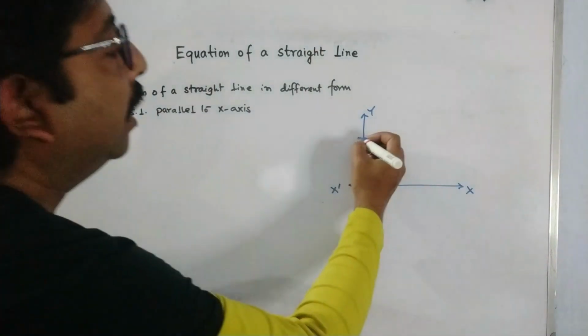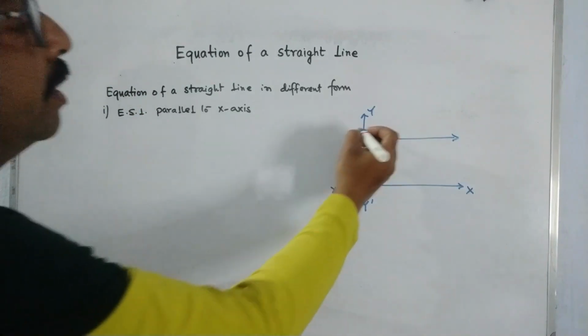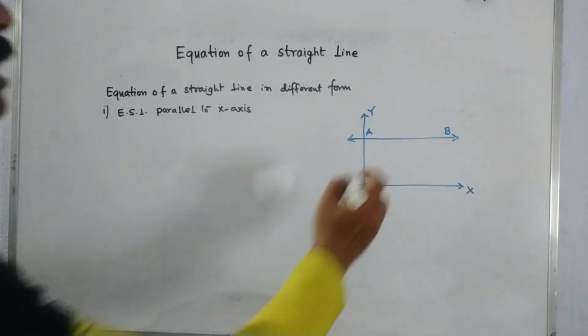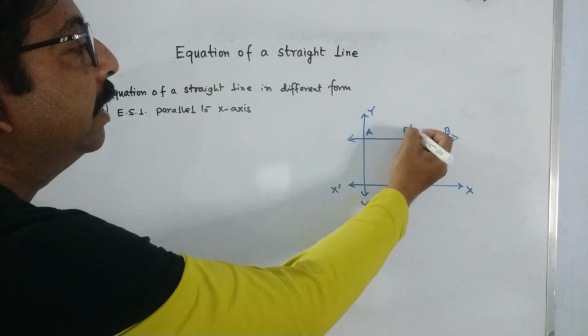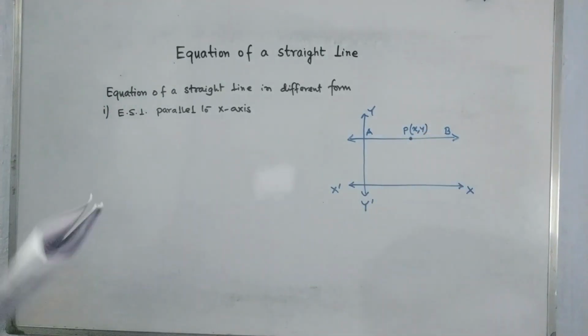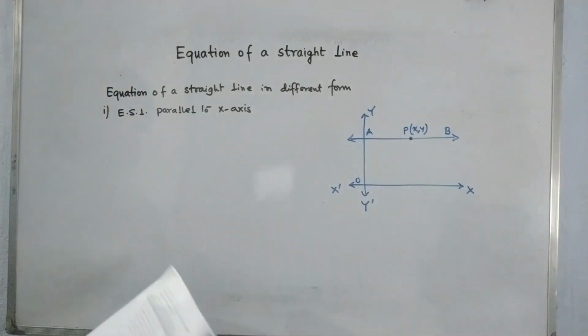Now, line segment AB, and P a point on the line segment AB. The coordinate of P, let us consider, is xy. Now this is the origin O.